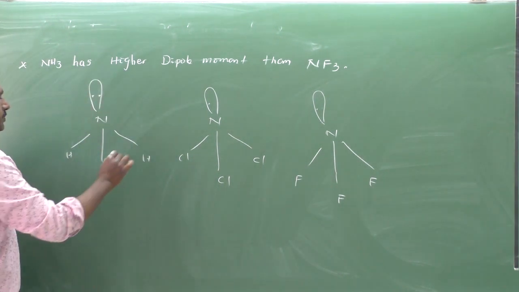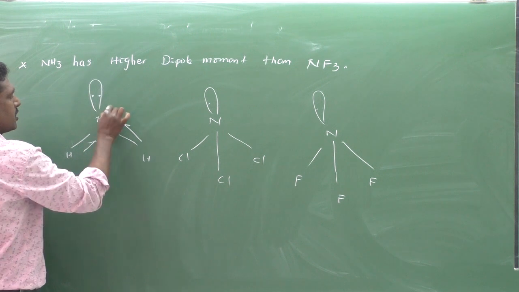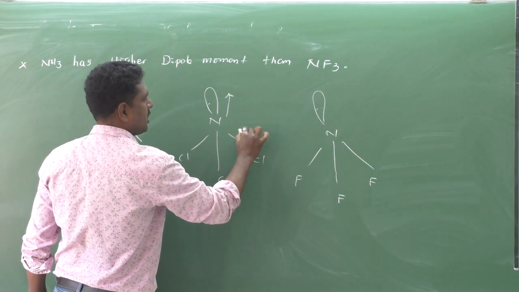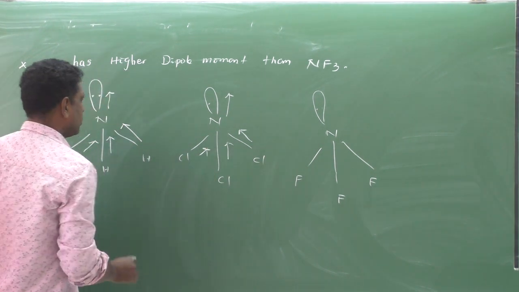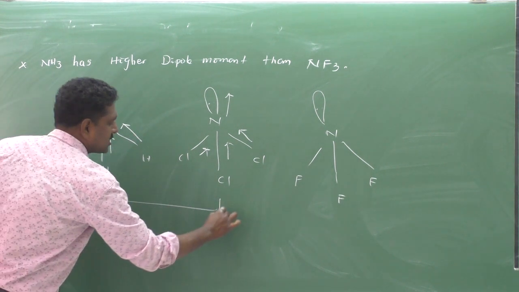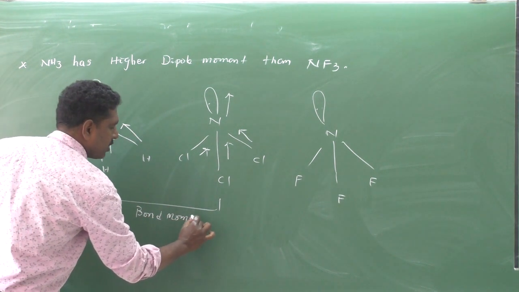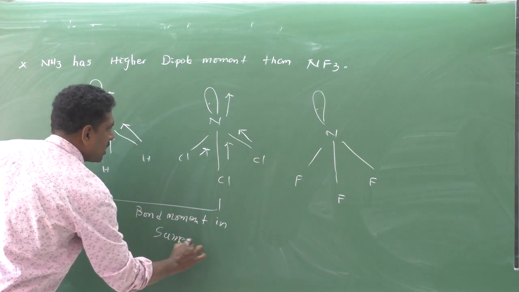So here the bond moment is in this direction. Here also the bond moment is in the same direction like this. So in these two cases the bond moments are in the same direction.